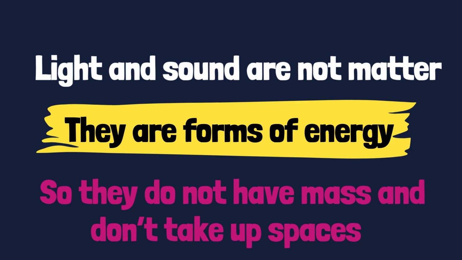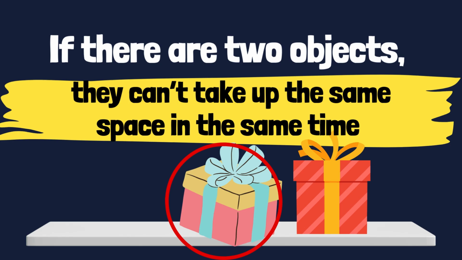As we said and studied before, light energy, sound energy, and energy is not a matter, okay? So light and sound are forms of energy. They don't have mass and they don't take up space. They don't have volume.